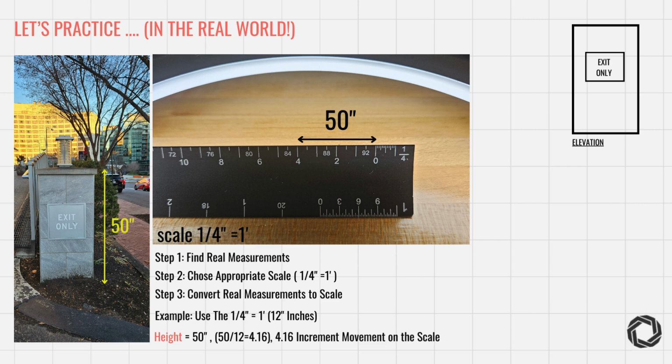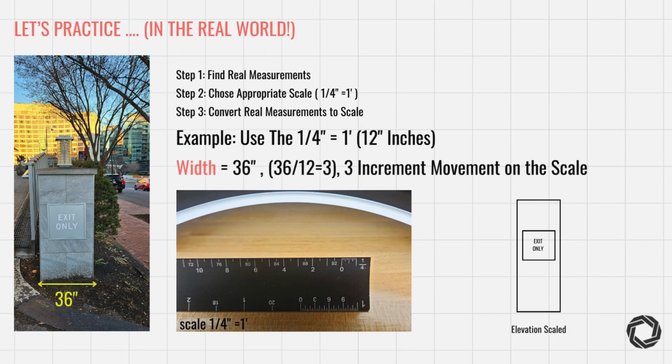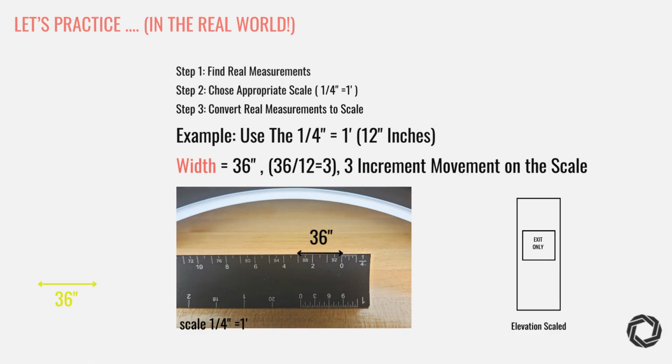I then moved to the 3rd step and converted my real measurements to scale. Now I am going to measure the width of the stand. The stand measured 36 inches in the real measurements. Because I'm using the same scale as we used before, which is 1/4 an inch equals 1 foot, I will be taking that 36 inches and dividing it by 12.